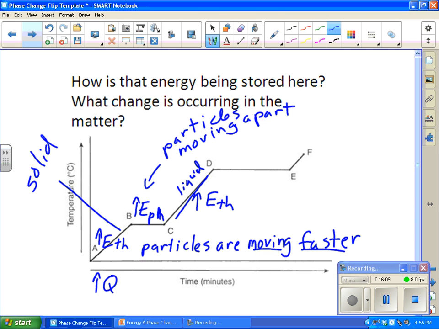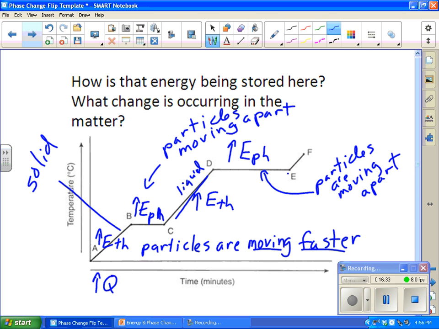And then we have another region from D to E where there is no temperature change. There's an increase in the EPH again here, which means that the particles once again are moving further apart. Particles are moving apart even more.